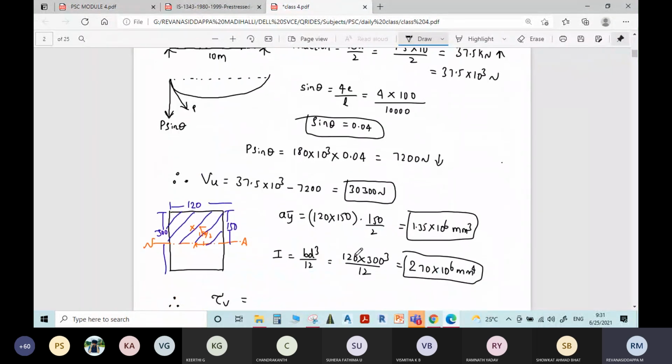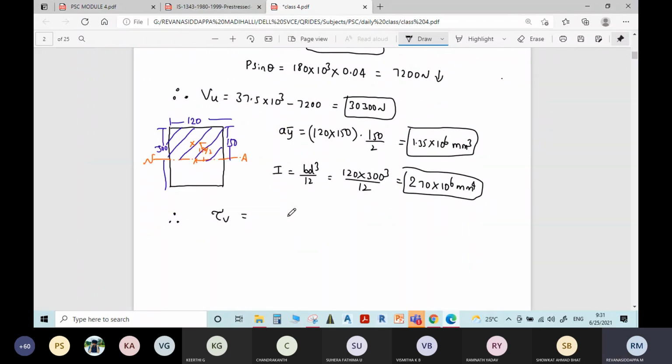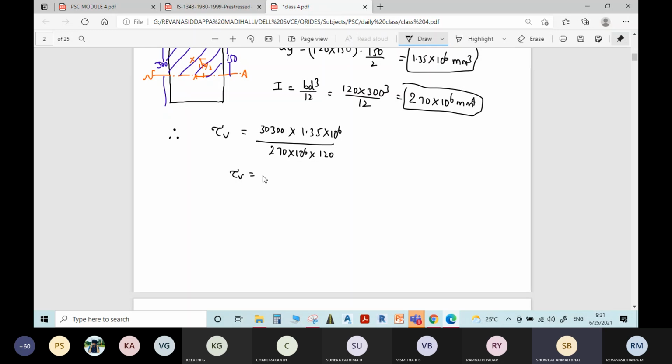Vu is 30,300 Newton into Ay bar is 1.35 into 10 power 6 divided by I B, 270 into 10 power 6 into B is 120, width of the beam. How much do you get? Tau V shear stress is 1.262 Newton per mm square. Yes.